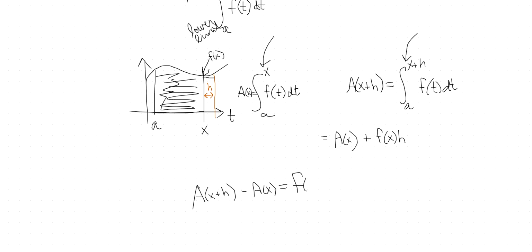No mystery there, simple algebra for us. Now, if we divide by h, we will have a very familiar expression. The right side simplifies to f of x, and the left side, as you can see, is looking like the change in an output variable divided by the change in the input variable.